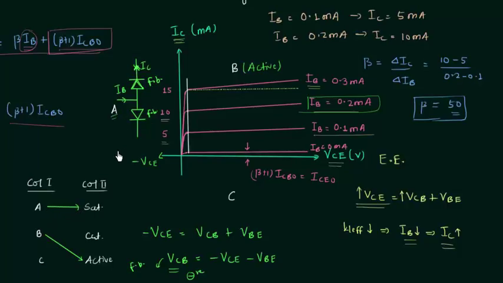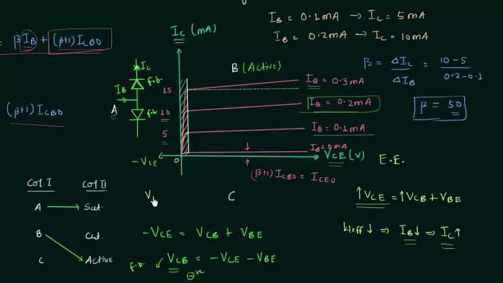So the region in which VCE is negative is saturation region. But what about this region? This is also part of saturation region, but VCE is not negative in this region. You can see VCE is greater than 0, but still this region is part of saturation region. I will explain why.